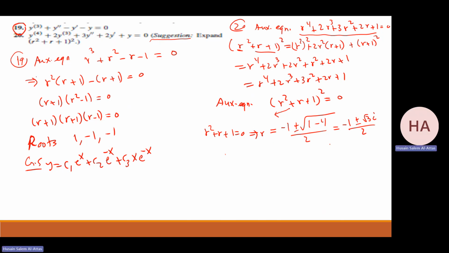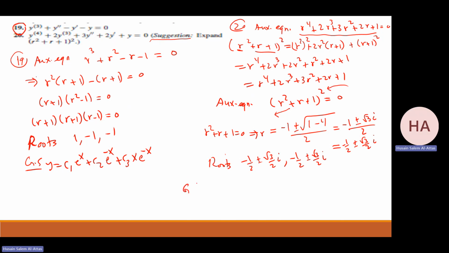I have minus half. So what are the roots? Minus half plus or minus the square root of 3 over 2 i. Repeated because of the square.